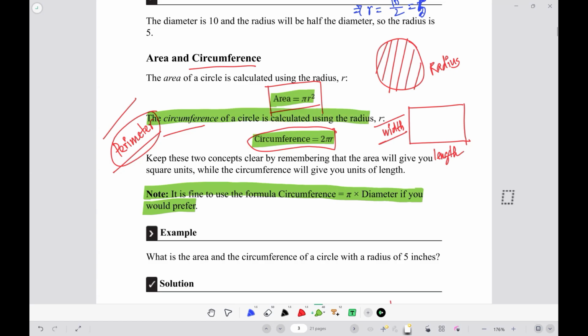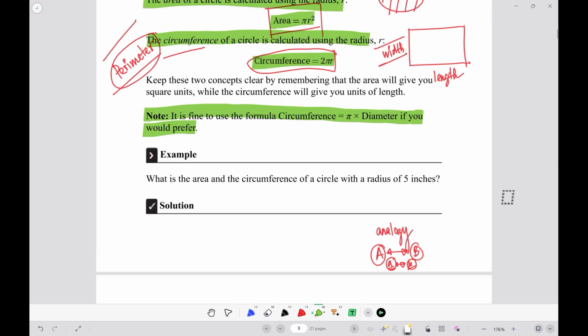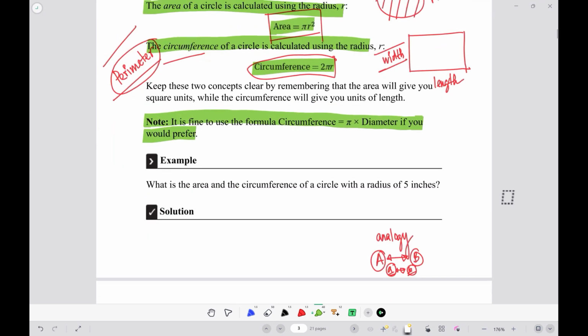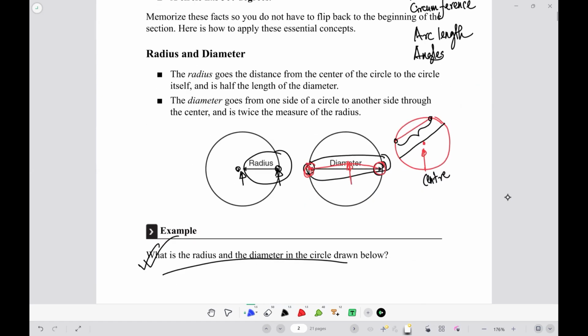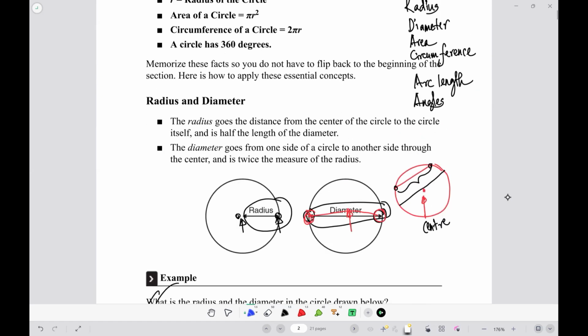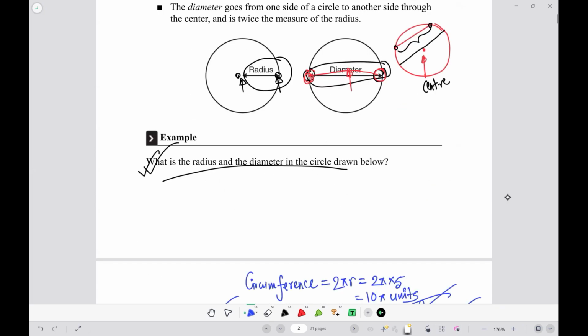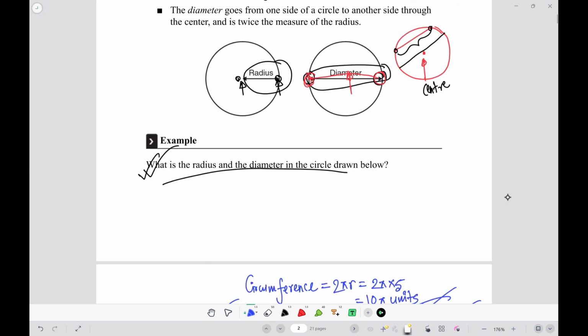So we have come to know about the area and the circumference, and the relationship between diameter and radius. I'm just trying to make you understand again that the diameter and the radius can affect the equations for a circle.